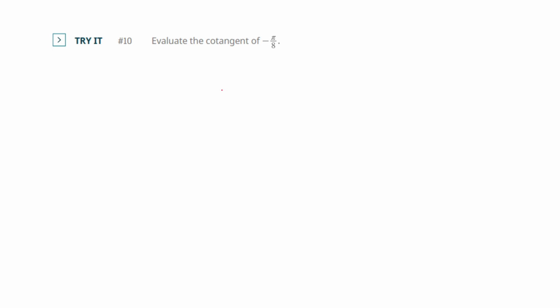So what I would do here is the tangent of -pi/8 on my calculator. I'd make sure it's in radians here. I'd crunch this, and then I would use x inverse, and that's going to give me the value of cotangent. I don't want to do it because I feel lazy, but I'll go ahead. Yeah, I didn't think that was quite right. You do type in tangent first. Hold on, let me check my mode. I forgot to see if I'm in radians.